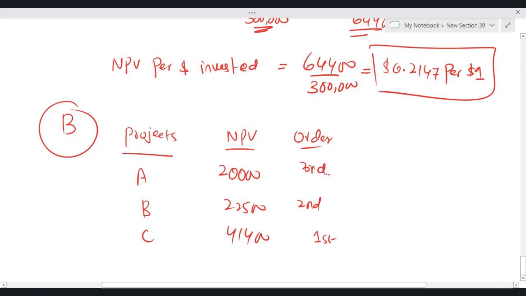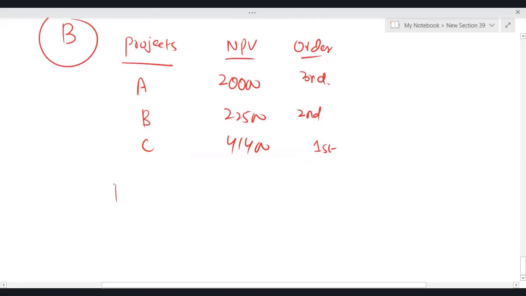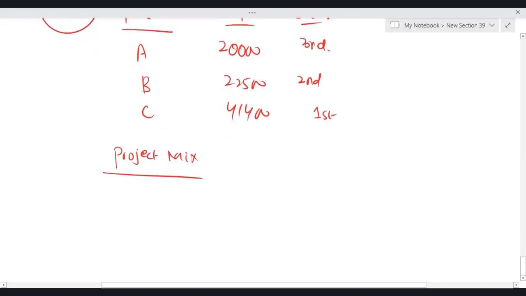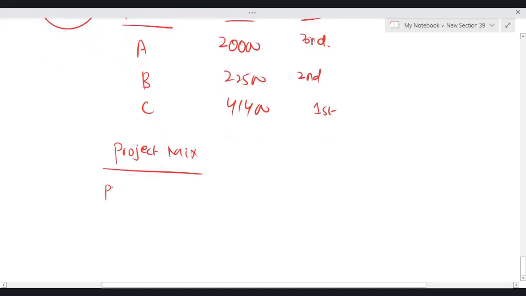When all the projects are indivisible, you decide the order by using absolute NPV. Now, the project mix: projects, investment, NPV.